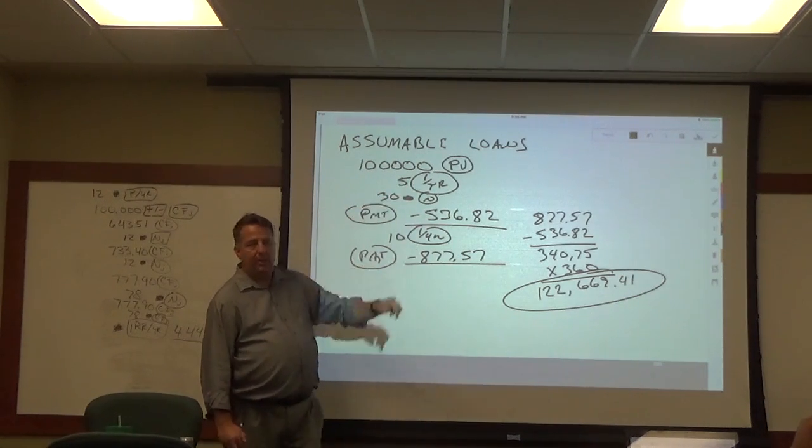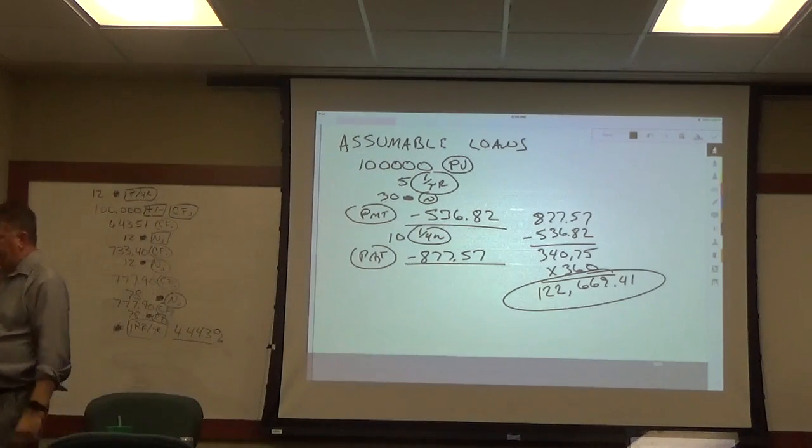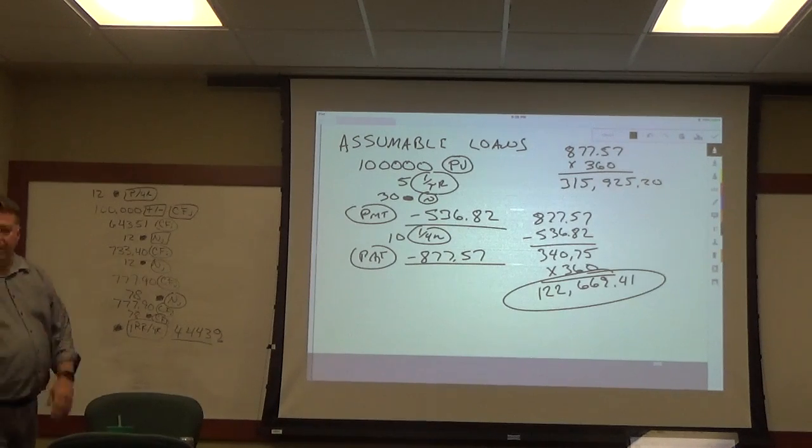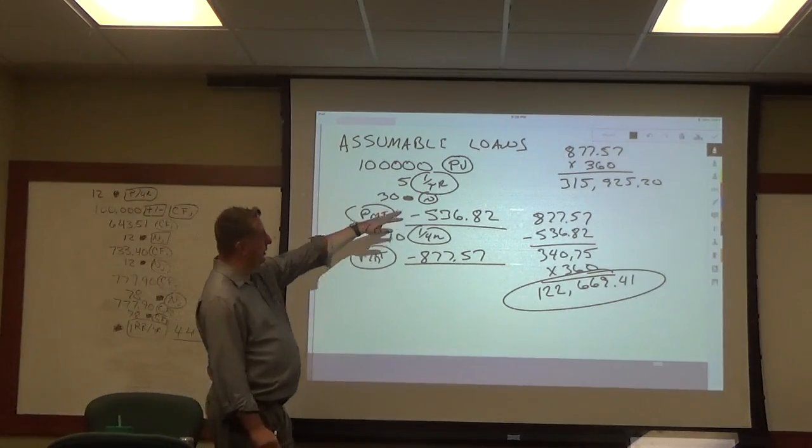Just to make sure that you're paying attention, if you take the 877.57 and multiply it by 360, this is the part where it makes you sick. $315,925.20 is your total out-of-pocket expenditure.